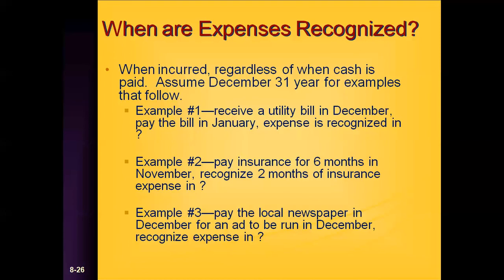In the second case, you paid for insurance for 6 months in November, but you recognize 2 months of that expense in December. You pay for a local newspaper ad in December that is actually run in December, and again, that expense would be recognized in December.